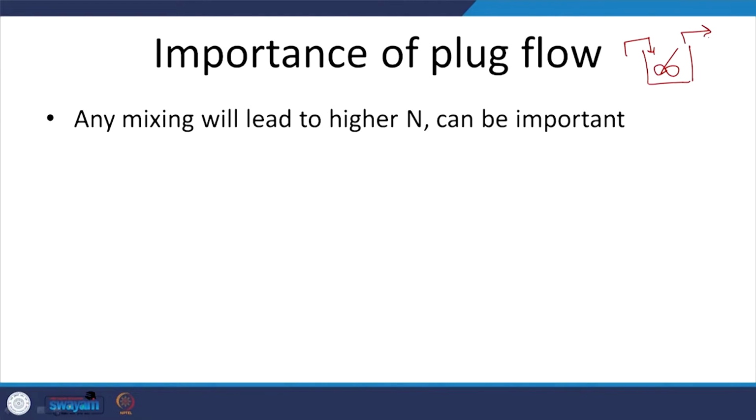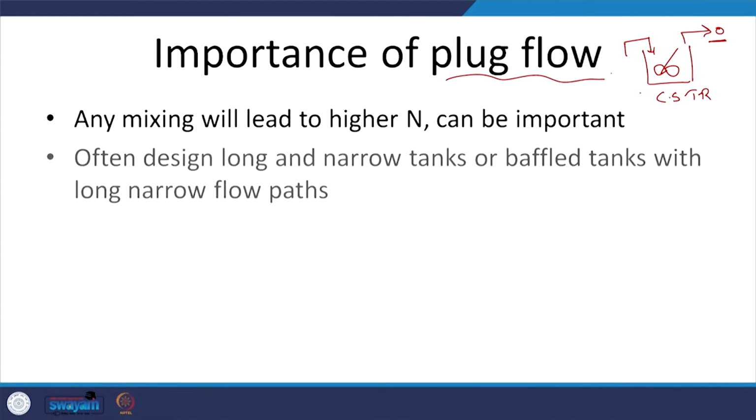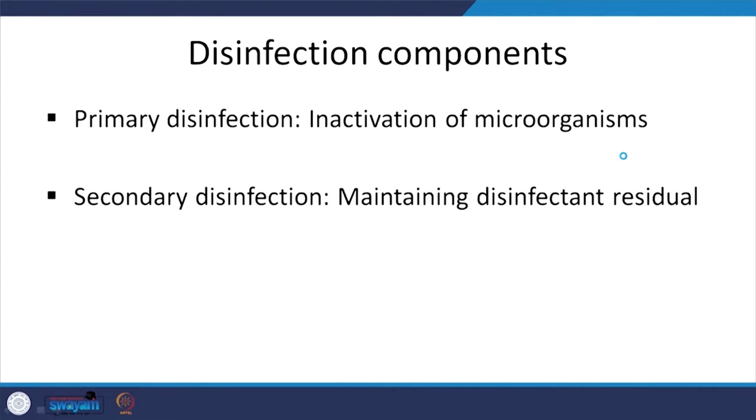With Indian standards, or any standard, the effluent has to be 0, but if something comes in and is completely mixed, it can't really be 0. That's why you move away from CSTR-type systems and try to achieve plug flow systems, typically long and narrow tanks or baffled tanks, which we discussed.